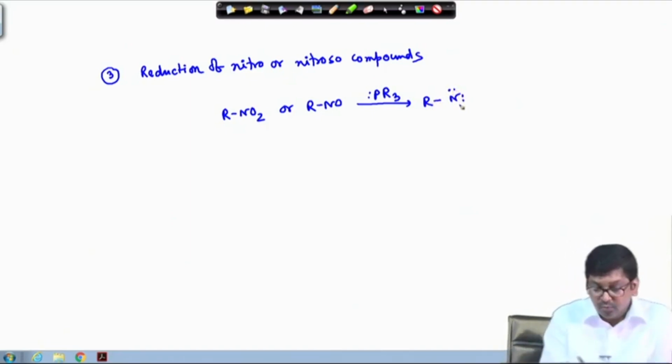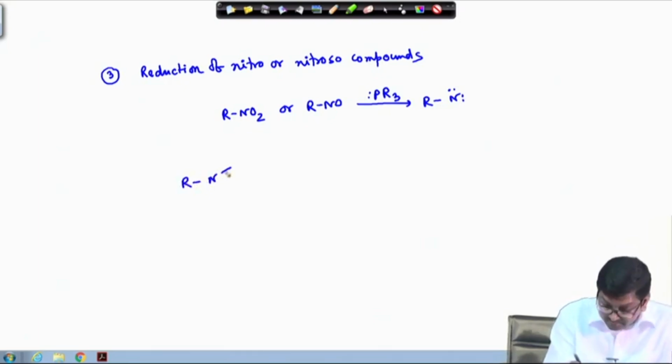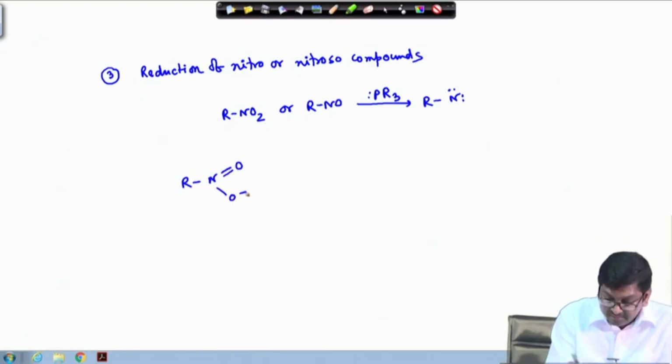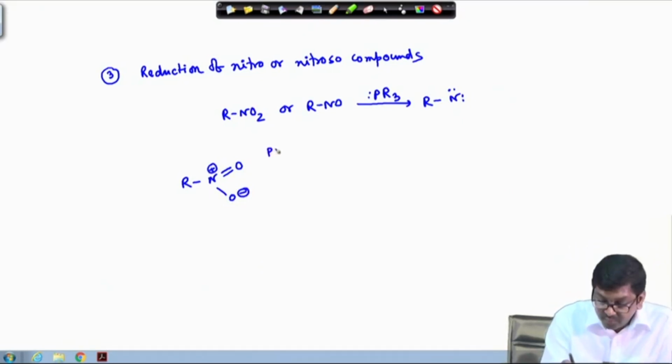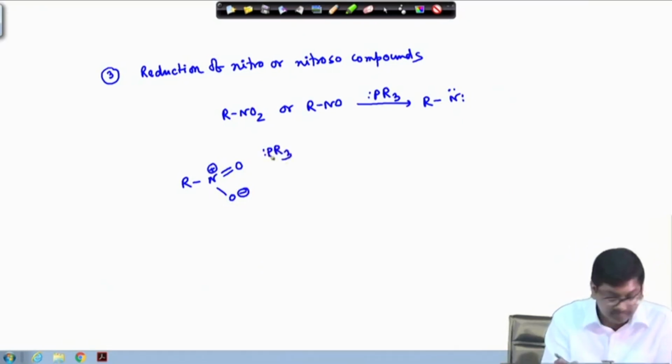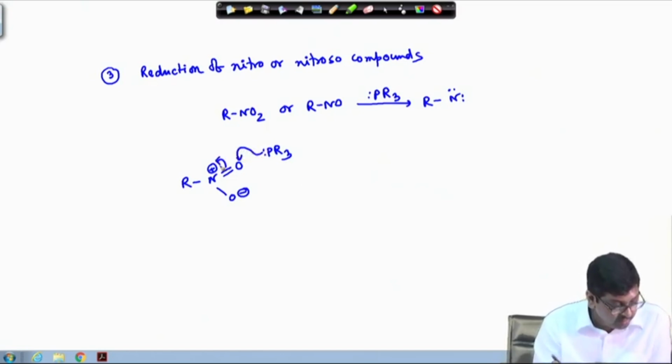Okay. So, what will happen if we see the mechanism, how does it work? We have this, our nitro compound. Okay. So, now we have this phosphine. This can attack. Okay. So, what we will get?